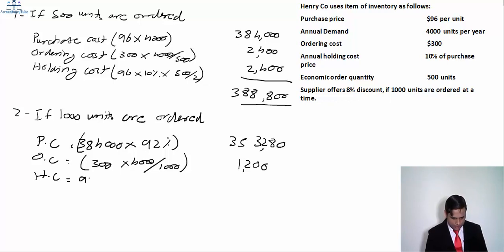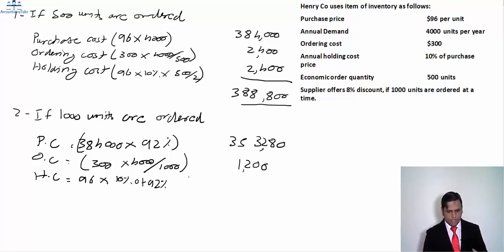That is 96 of purchase price multiplied by 10% of 92% of this total figure.